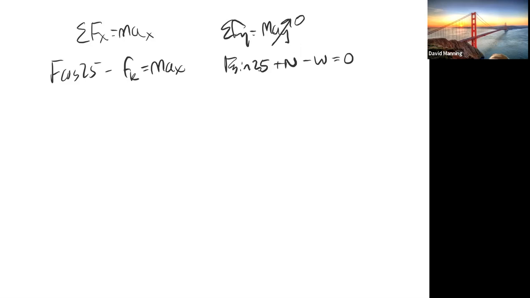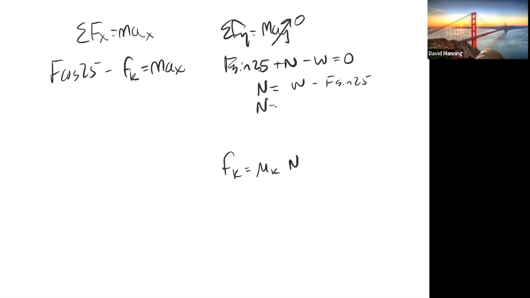And then our third equation, Fk, that is a k, Fk equals mu k times n. So we need to find n in our second equation. N equals w minus F sine of 25.